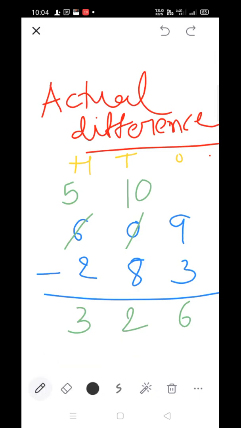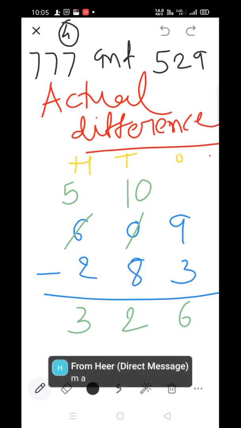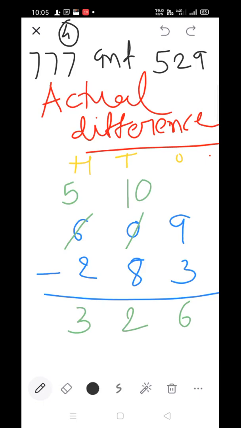Complete it by yourself, right now I give you a 5-minute time. Solve the fourth one, 777 and 529.